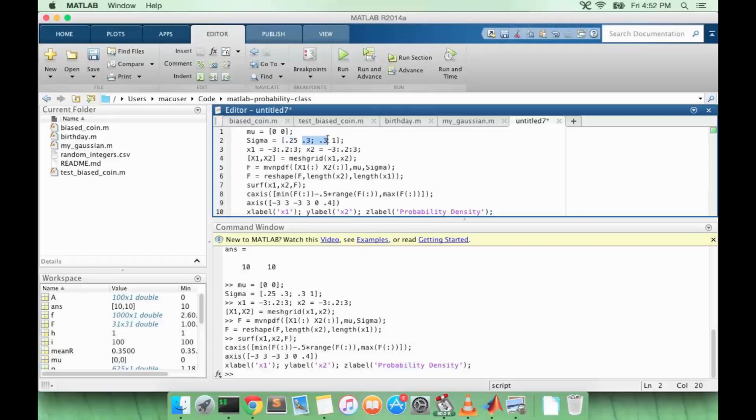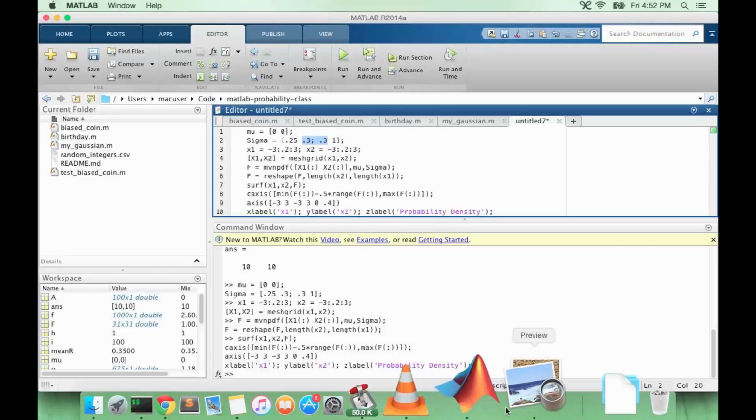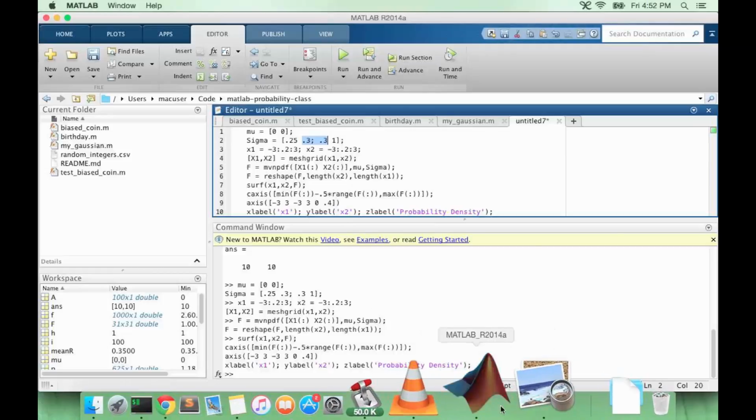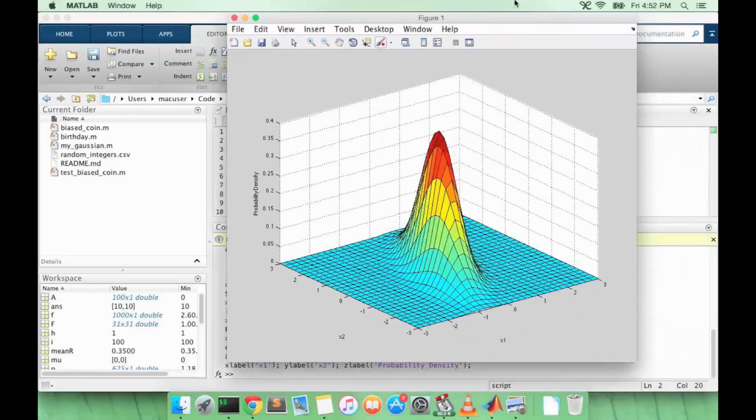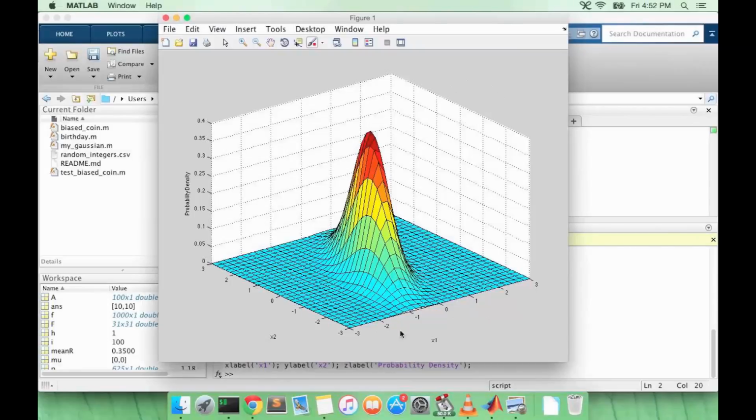And since the off diagonals are not 0, what we get is a Gaussian that is not perpendicular to the x1 and x2 axes.